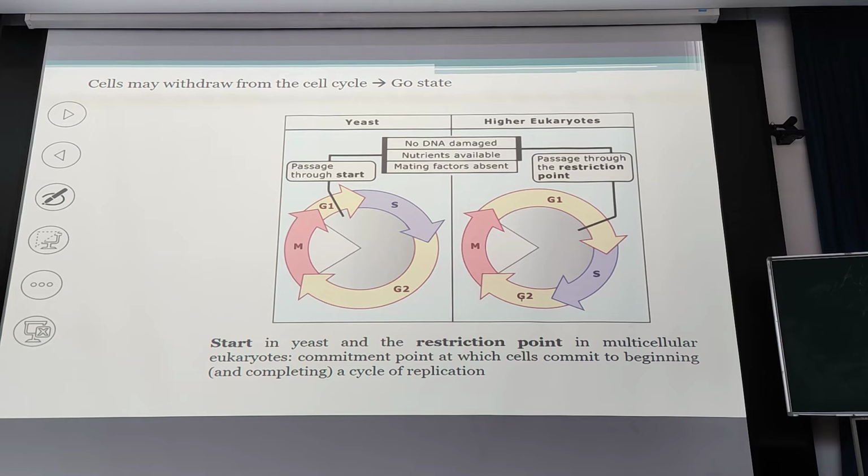Another thing related to the cell cycle is the G0 state. Cells may withdraw from the cell cycle to go to the G0 state.